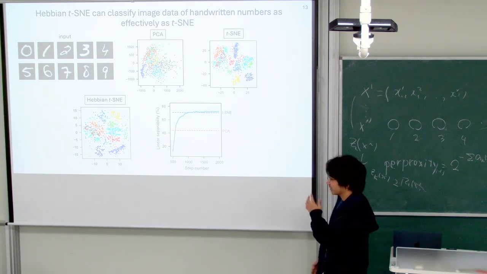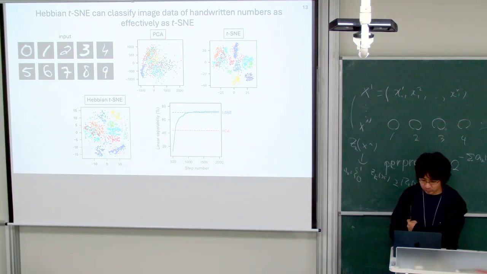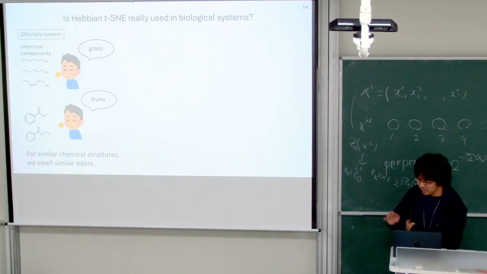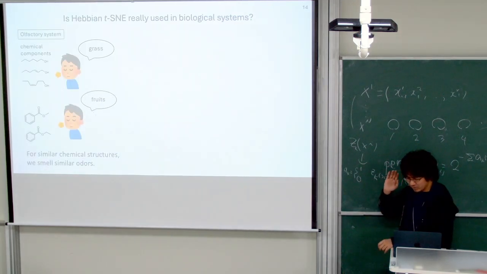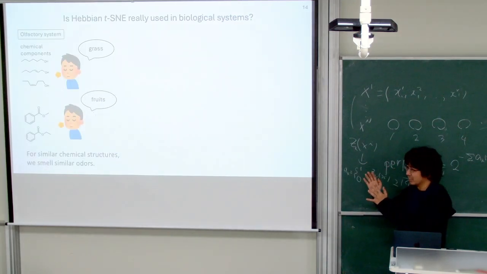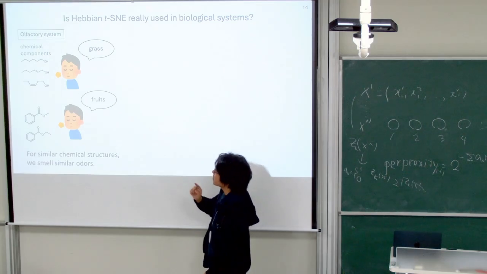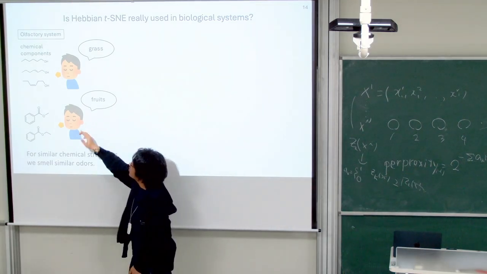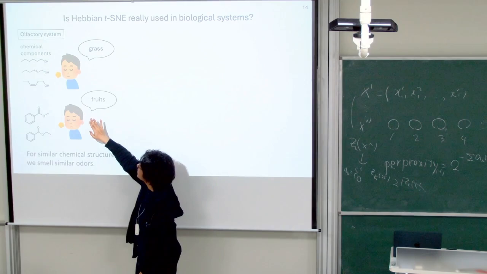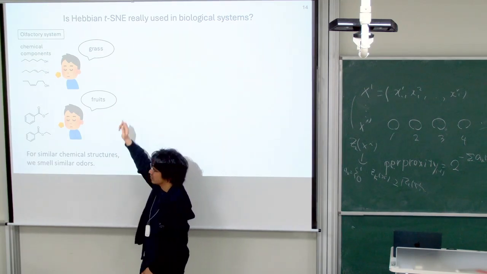Okay, why did I miss the first part? Why do they want to do this in the olfactory setting? Do they apply this to the real olfactory data set? They try a similar task. Similar chemical components induce similar smells.